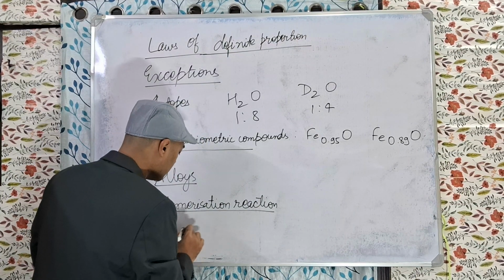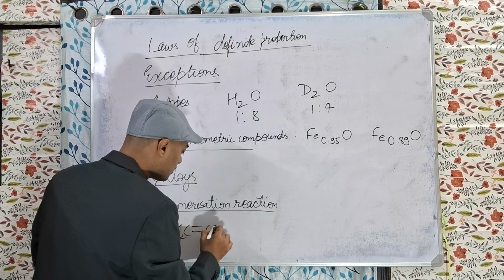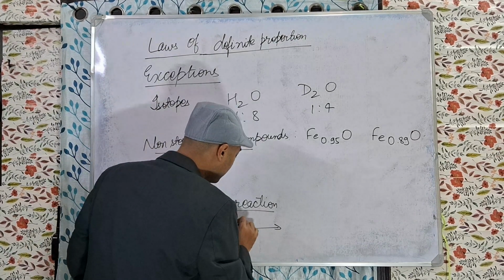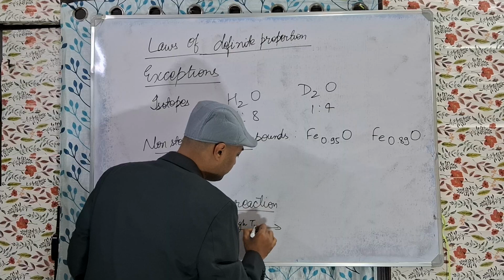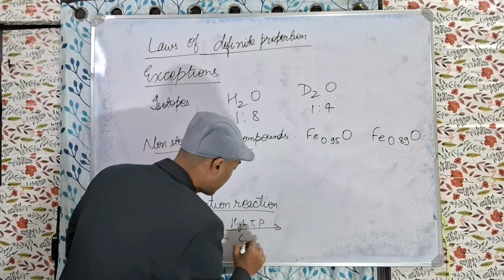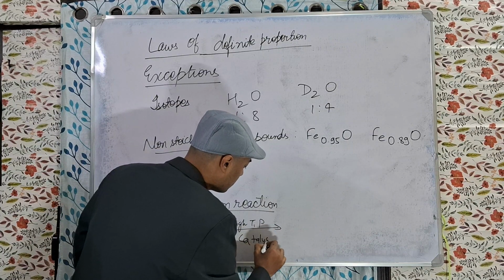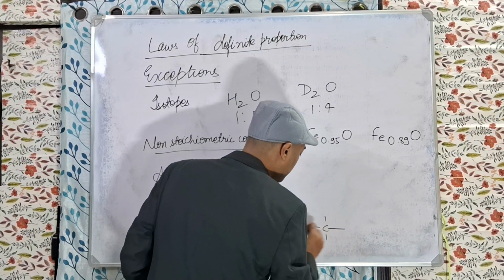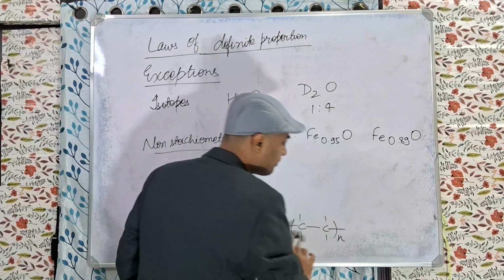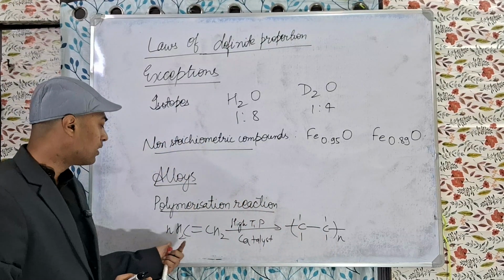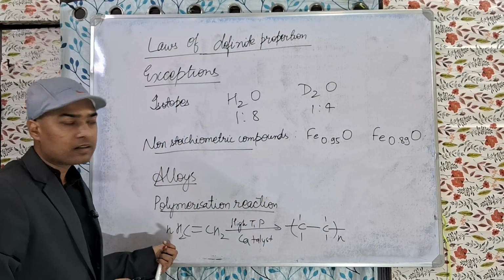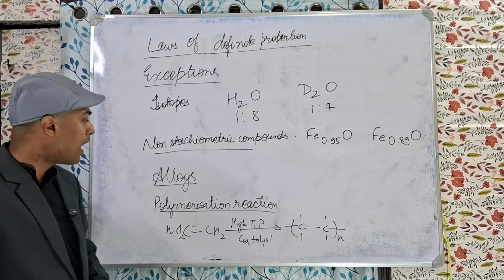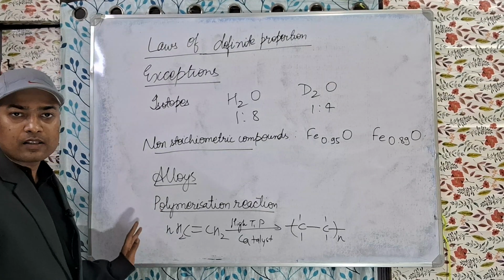If you take ethene, CH2=CH2, at high temperature and pressure, and you take a catalyst, depending on how many monomers you take, the polymer will be formed. So again, you can vary n over here. That is why it does not follow the law of definite proportion. I hope I am clear to all of you. So you can just note it down.